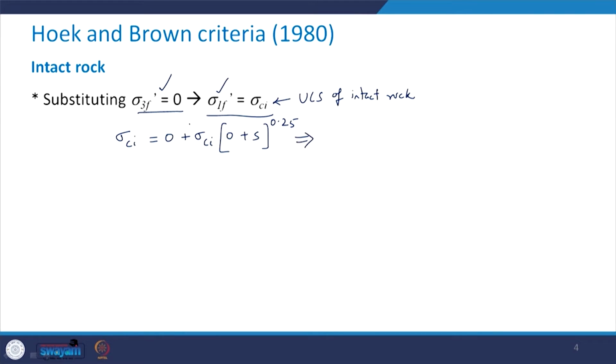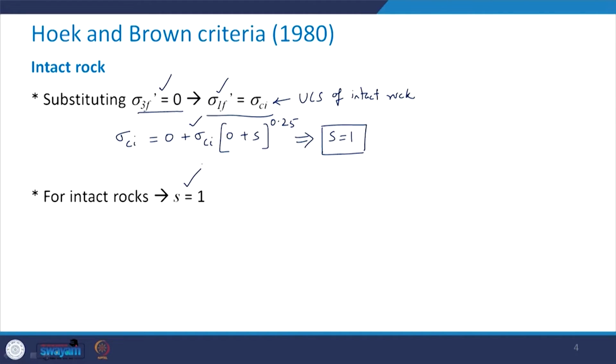For this equation to be satisfied, s should be equal to 1. Therefore, we can conclude that for intact rocks, this parameter of the Hoek and Brown criterion, s, will be equal to 1.